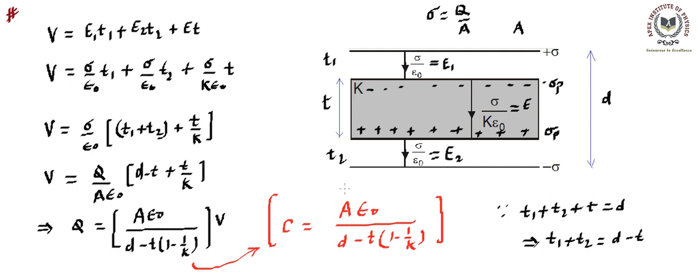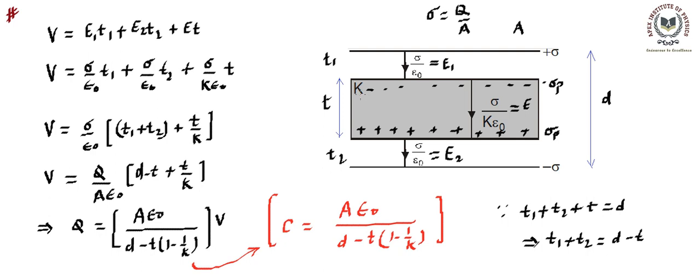Now in this, if we place K equal to 1, that means we are talking about air, then we will find the original formula, that is A epsilon naught by D. So K equal to 1 will lead to A epsilon naught by D, because this term will become 0. That means this dielectric will behave like vacuum or air.